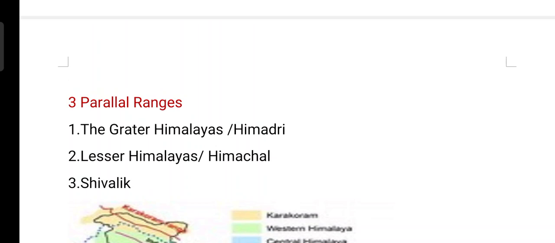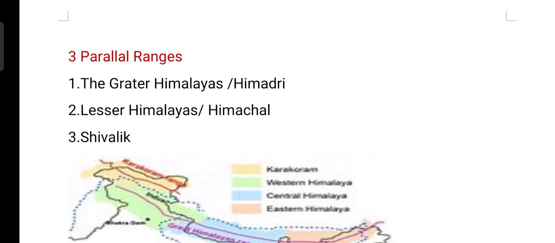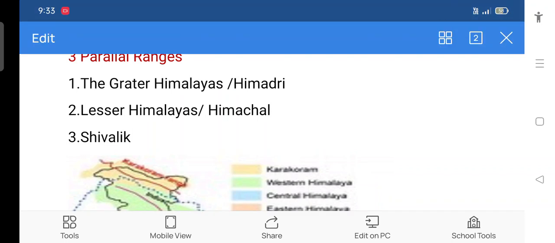Second one, the Lesser Himalayas or Himachal. And third one, Shivalik. The Greater Himalayas are mainly fully covered with snow, and the Lesser Himalayas mainly consist of rugged relief and compressed rocks. And the Shivalik is a layer of thick gravel and alluvium.